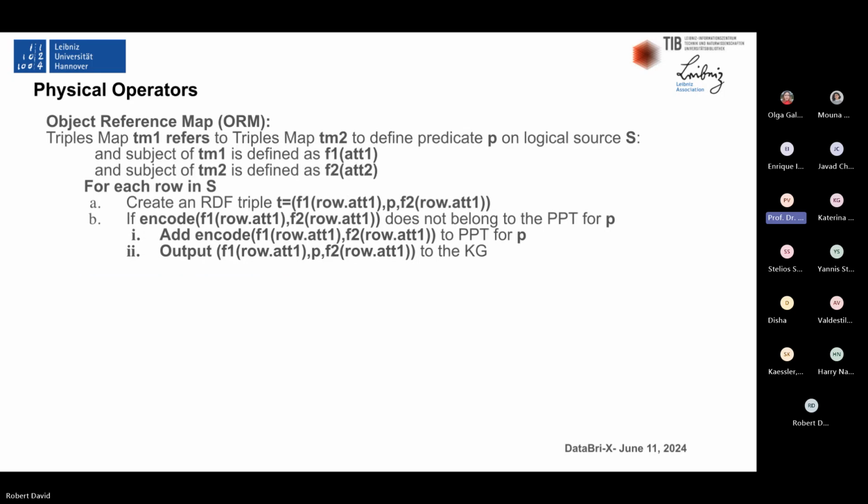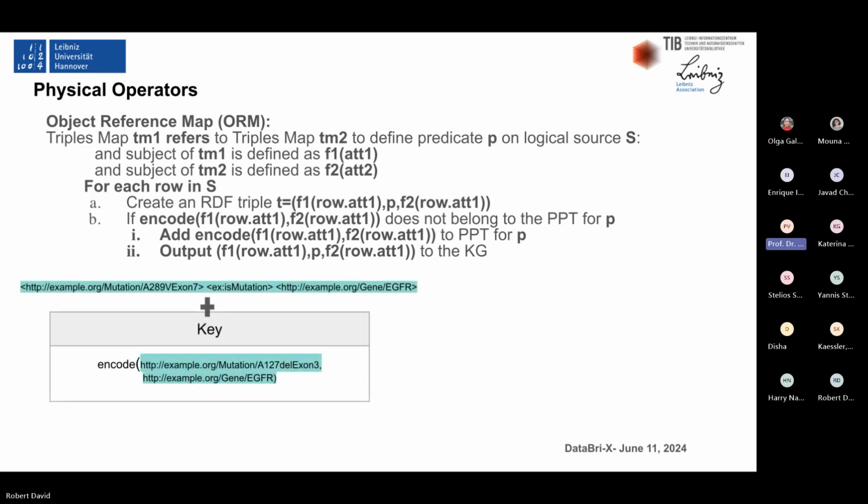Next, please. And then in the same way we do this for generating what we call the object reference map. The object reference maps are the ones used when we have triple maps that are defined over the same data source, and the engine is able to efficiently execute this join, keeping all that is necessary in order to generate the triple that is not duplicated.